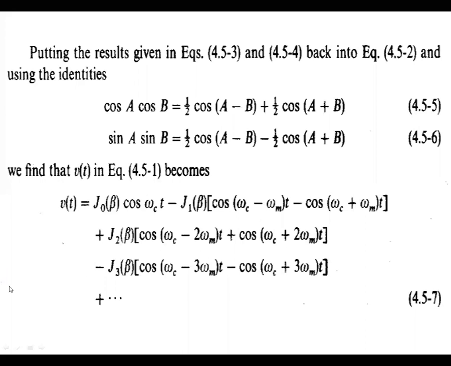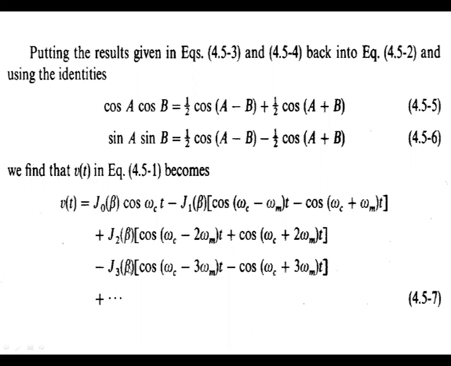There are some spectral components. One is ωc + ωm, ωc − ωm. These spectral components are for J1, and ωc − 2ωm, ωc + 2ωm are the spectral components for J2, and ωc − 3ωm, ωc + 3ωm are the spectral components for J3.